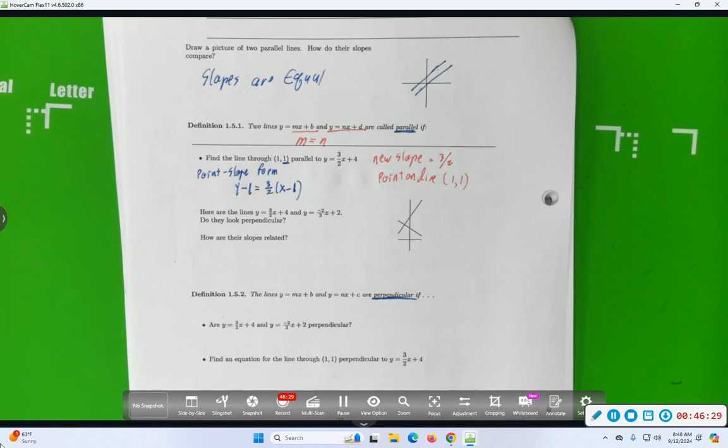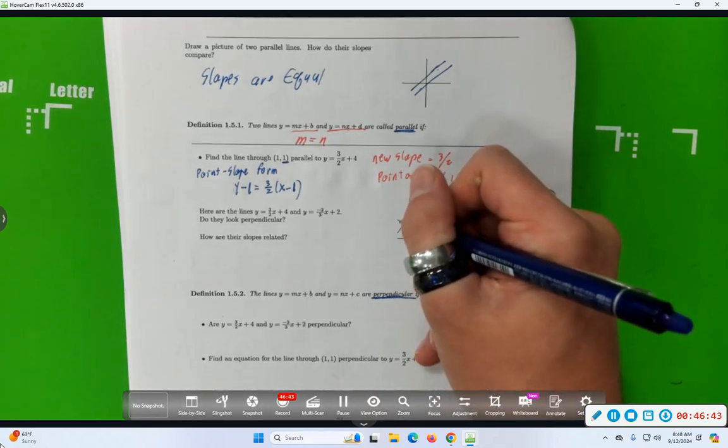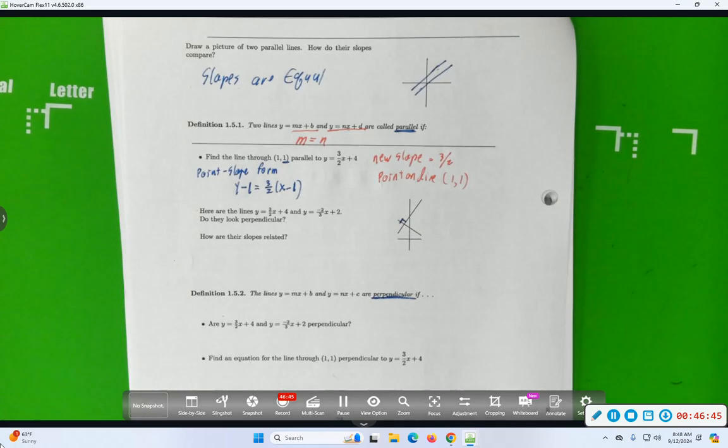All right. Perpendicular lines. Here are two graphs of lines, 3/2 x plus 4 and negative 2/3 x plus 2. Do they look like they meet at a right angle? Yeah, they do. What's the relationship between the slopes of those things? One is the negative of the reciprocal of the other.